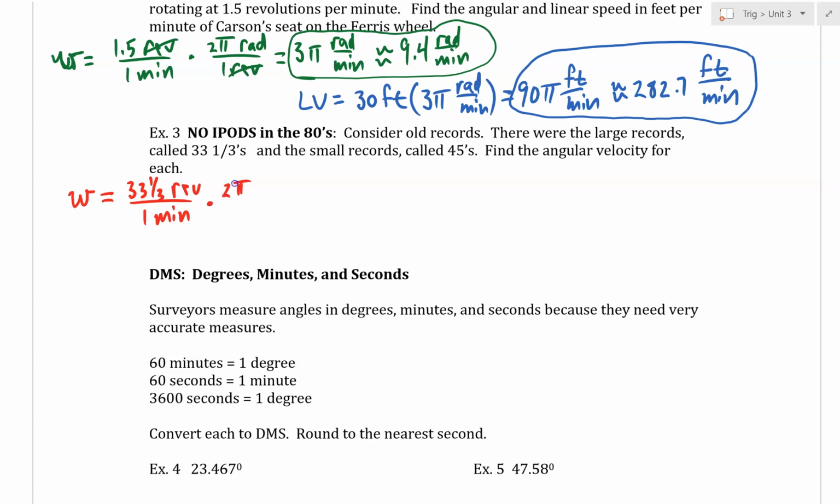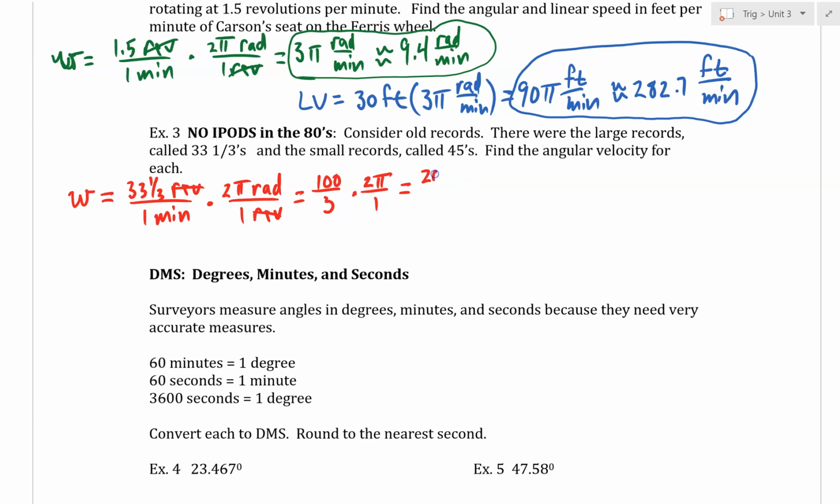So we have this. We got to multiply it by 2 pi radians over 1 revolution. Revolutions cancel. Keep in mind, 33 1/3 is really 100 over 3. We're multiplying that by 2 pi over 1, and we're saying this is in radians per minute.